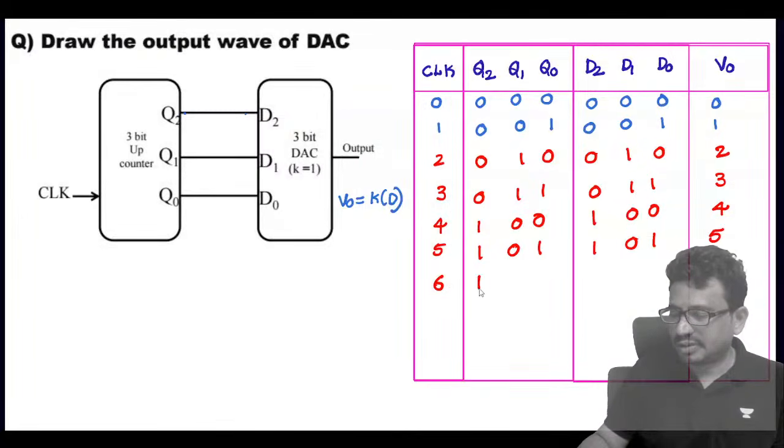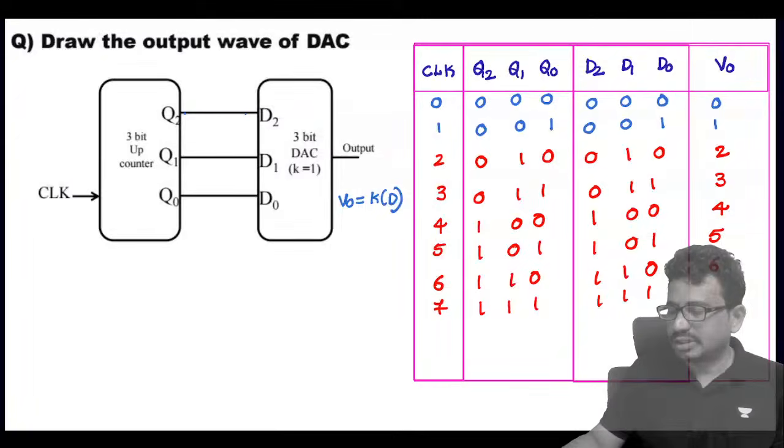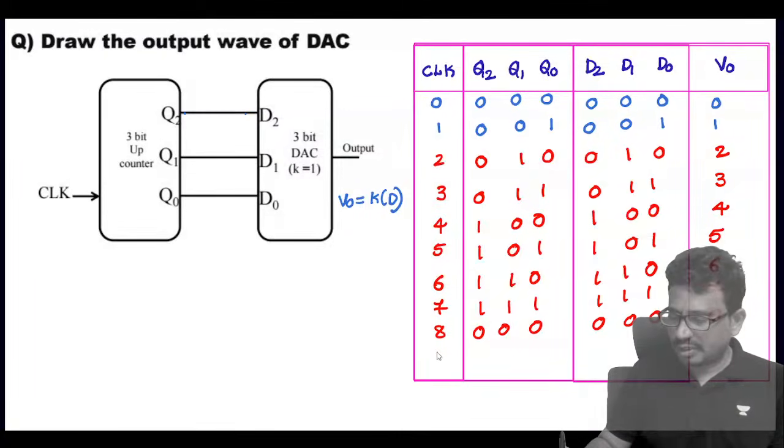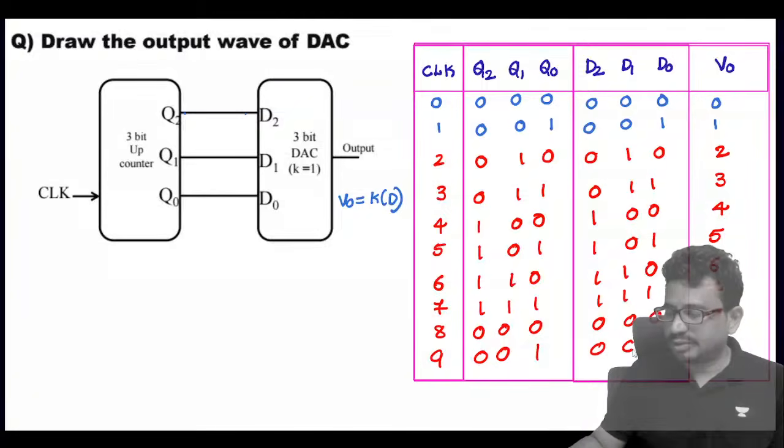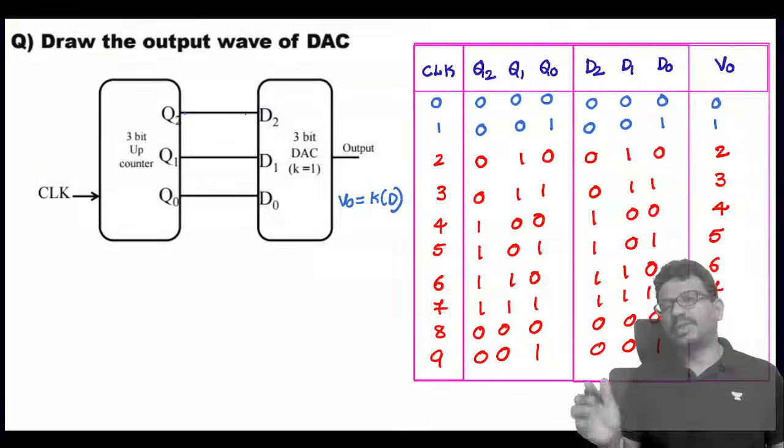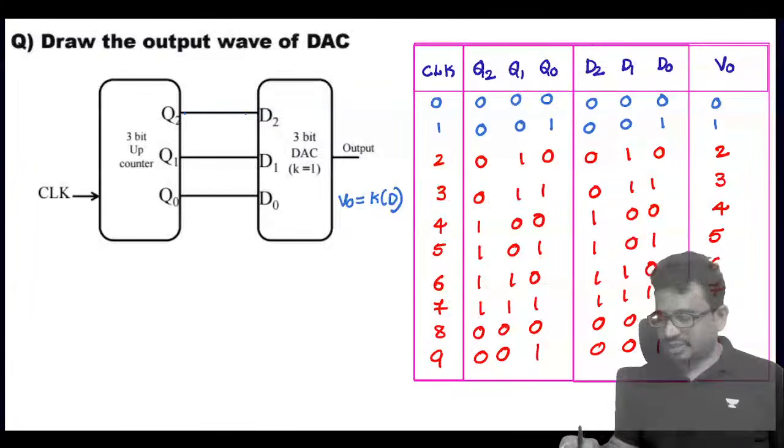Sixth clock, 1, 1, 0, we will get 6. Seventh clock, 1, 1, 1, so this is 7. On the eighth clock the counter will reset, and it will come as 0, 0, 0. Next, the ninth clock, 0, 0, 1, so 1 will come. Again it rises after that.